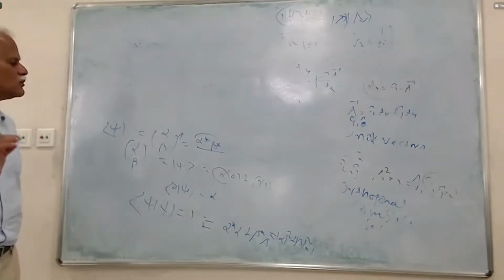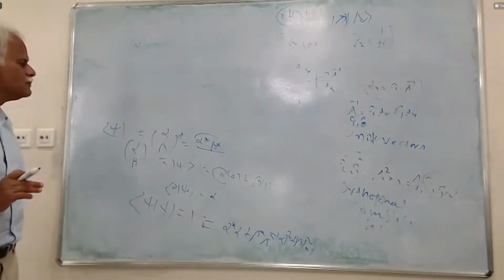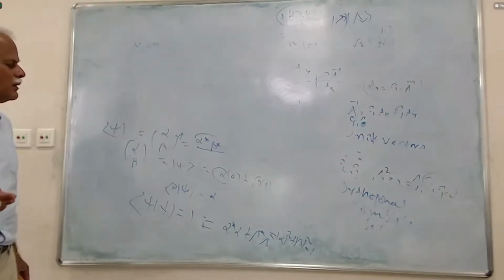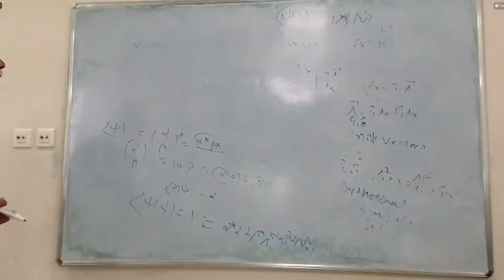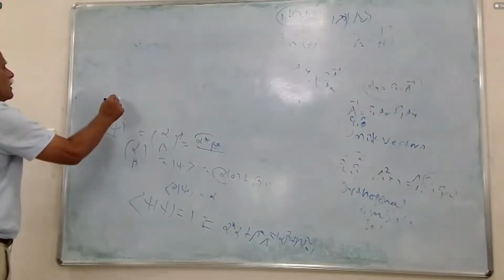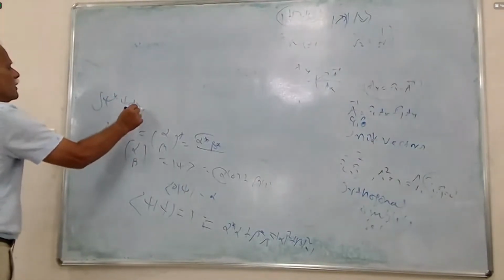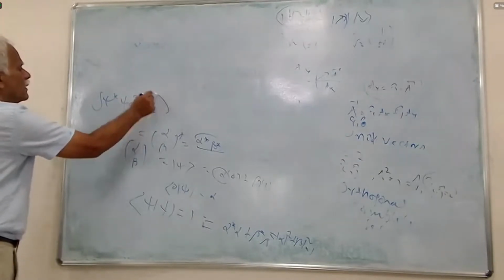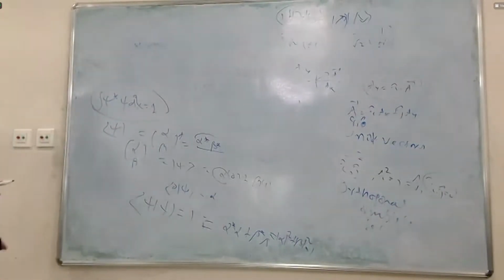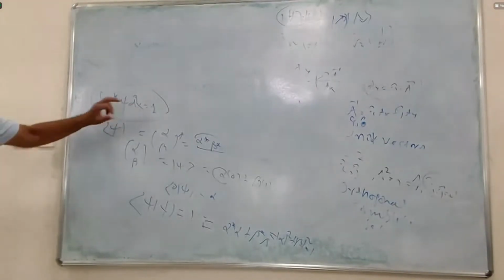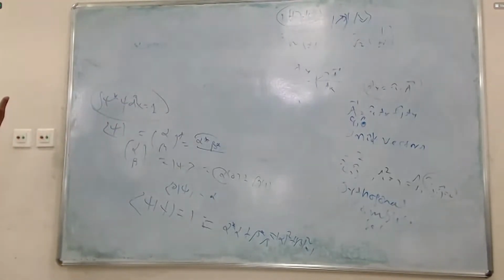That it exists somewhere, probability equal to 1. So that is the meaning of normalization. If you do continuous variable states, typically what we do in quantum mechanics, we integrate it. That means the wave function normalized means everywhere you search in the world, it must be found somewhere. So that is the meaning of normalization.